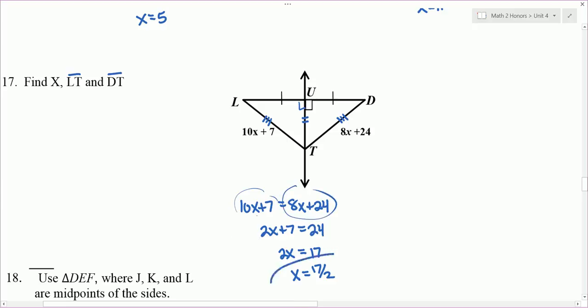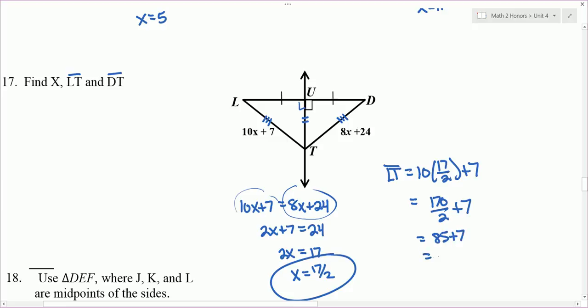So we found x, and now looking for, let's say, LT, it is 10 times 17 over 2 plus 7. 10 times 17 is 170. 170 divided by 2 is 85.